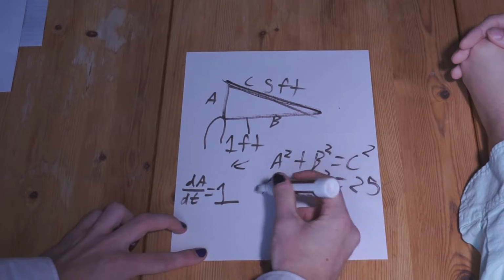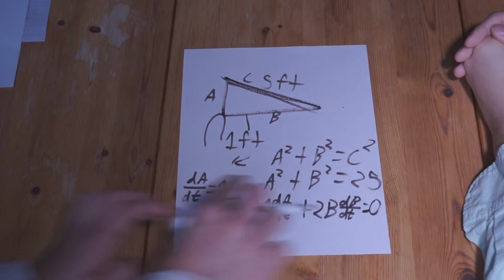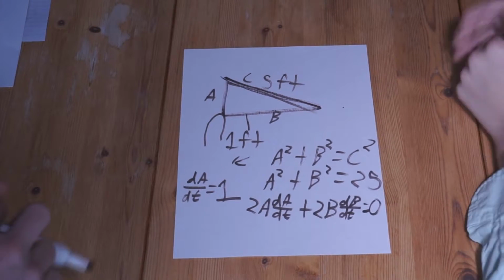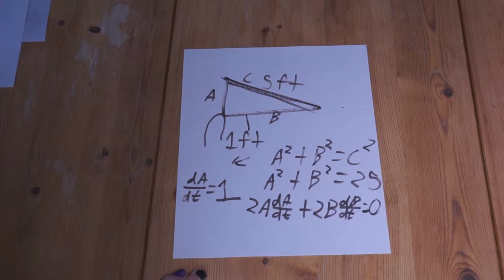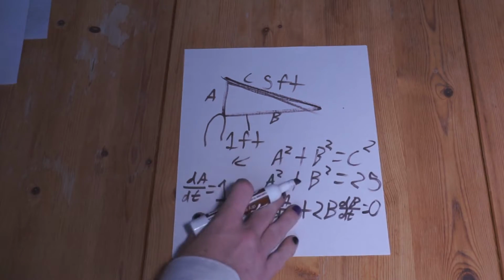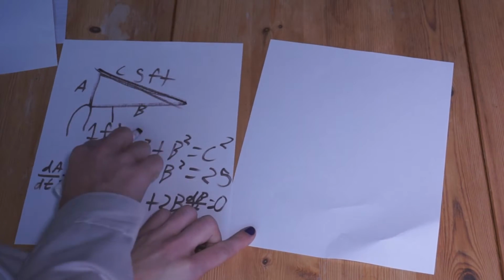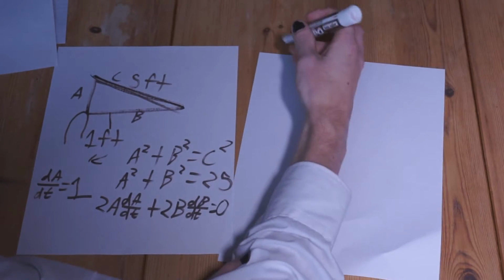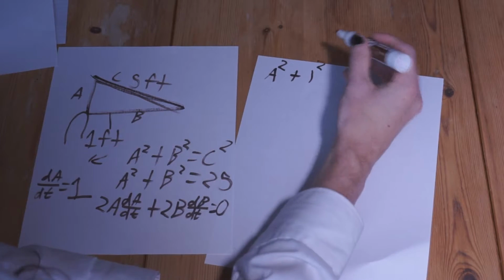So, to find the derivative, look at that. Sorry, I didn't actually mark it. Okay, we have to find A when B equals 1. So, let's do the Pythagorean theorem with B as 1. So, we need to find A squared plus 1 squared, which is 1.